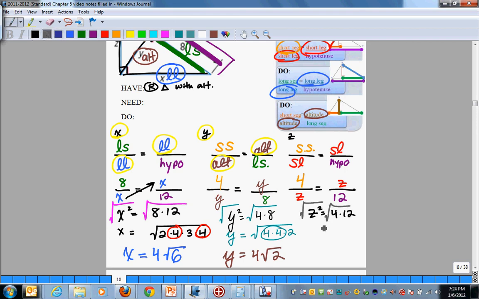Square root both sides. Z equals square root, and we have 4, and then we have 4 again times 3. Double 4s come out, so z is going to equal 4 square root of 3.